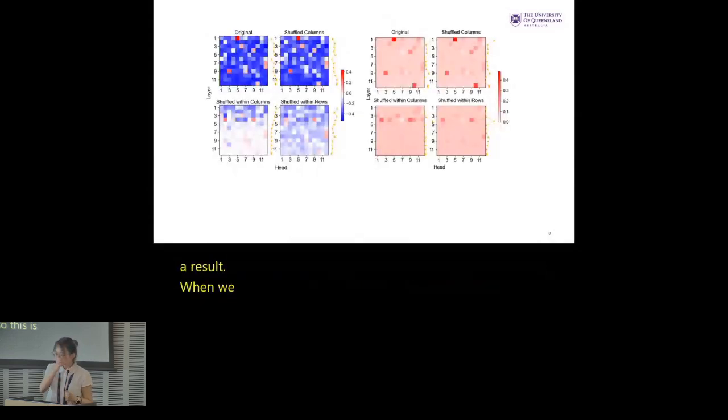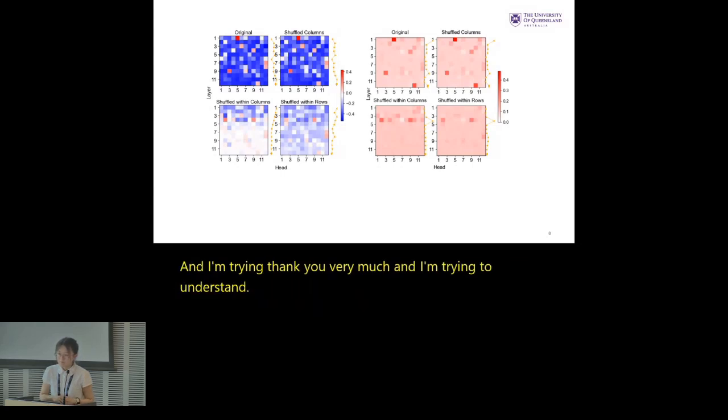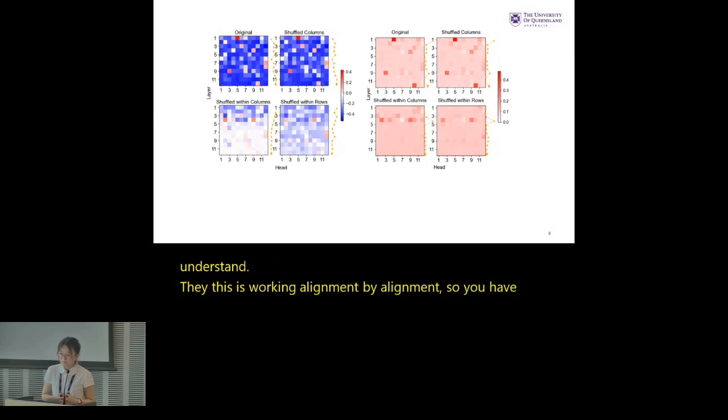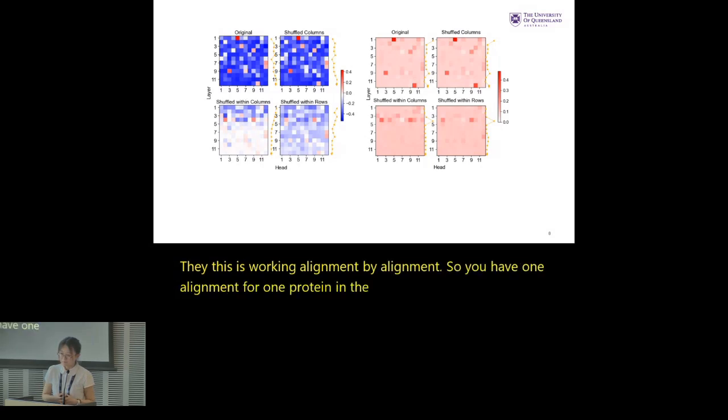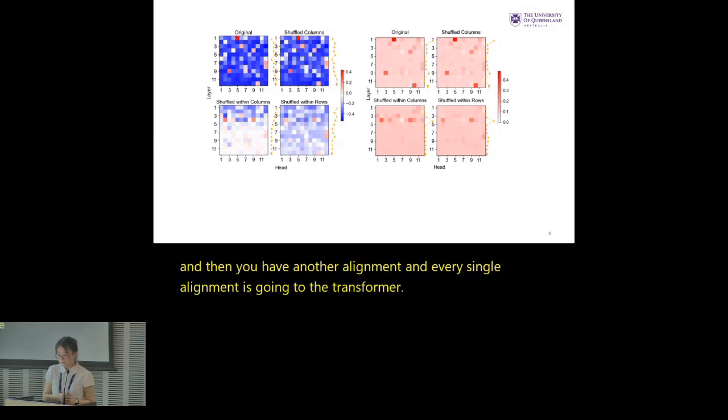We have time for one more. Thank you very much. I'm trying to understand. This is working alignment by alignment. So you have one alignment for one protein, in the case of a virus for instance, and then another alignment, and every single alignment is going to the transformer. Is that right? Yes.